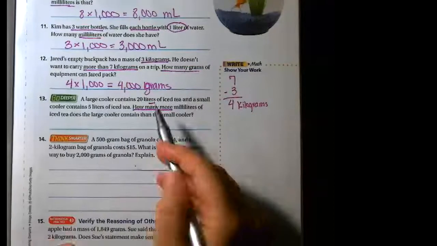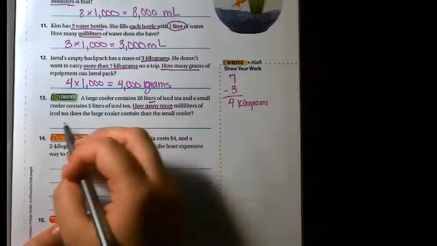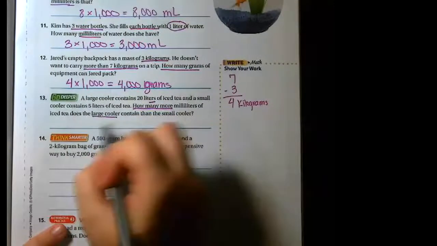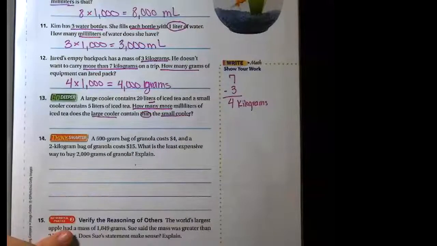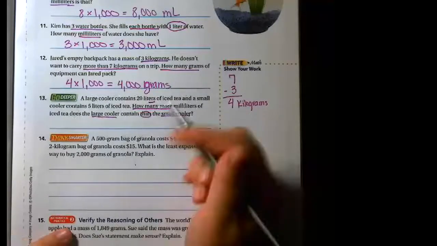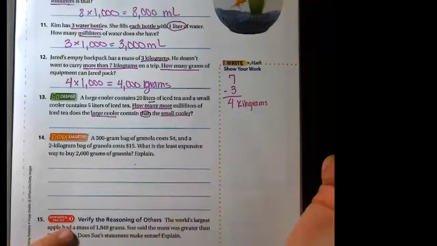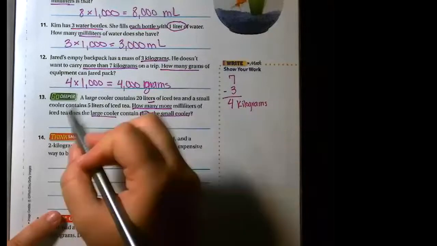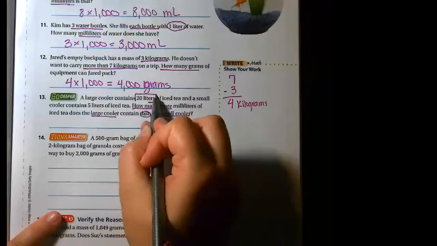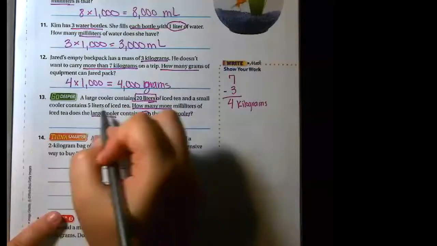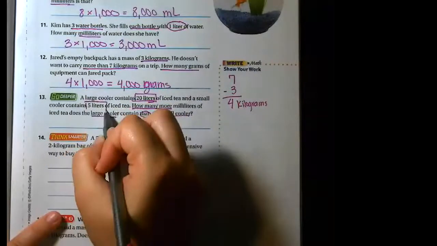Here I'm seeing how many more milliliters are in the large cooler than the smaller cooler. So I need to subtract these 2 things. That's what my sentence is telling me. So I need to subtract my smaller cooler from my larger cooler. If I go back in my text, the larger cooler contains 20 liters, and the smaller container has 5 liters.